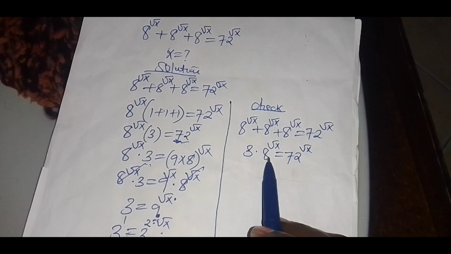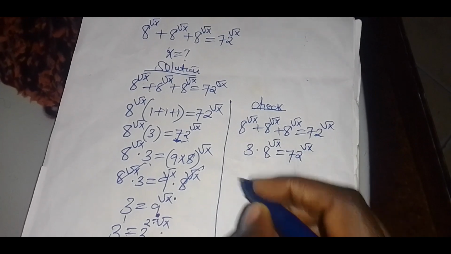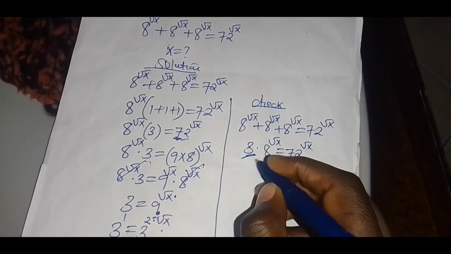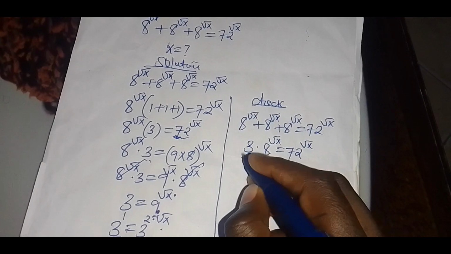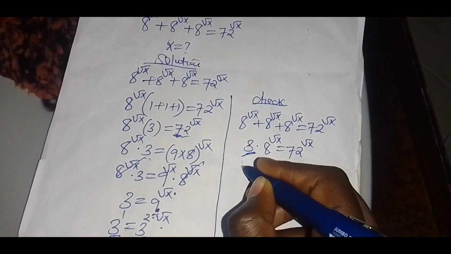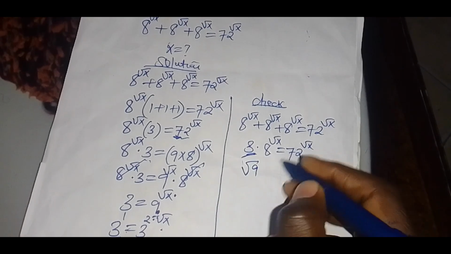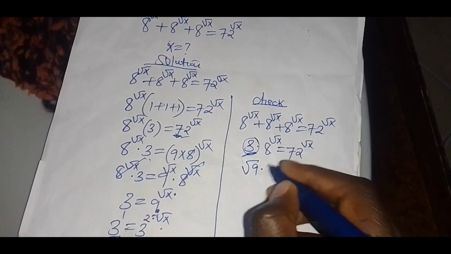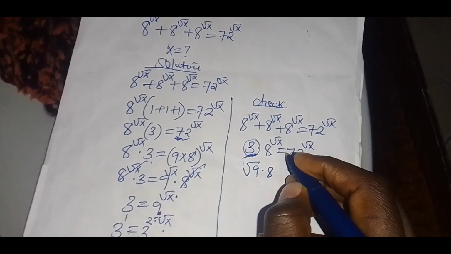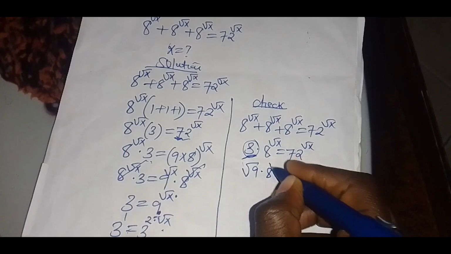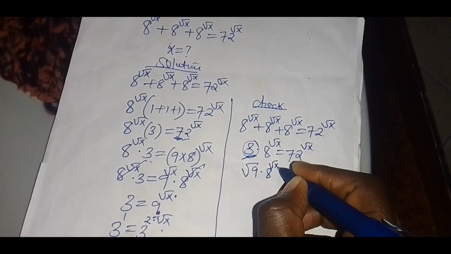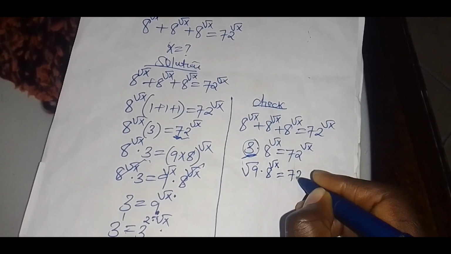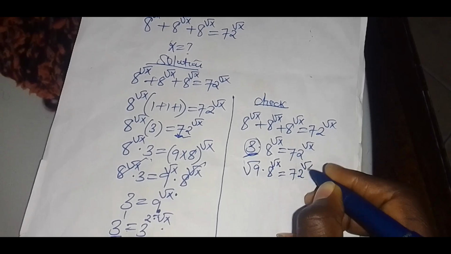To obtain 3, remember this was as a result of saying the square root of 9. If you say square root of 9, you'll have 3, multiplied by 8 raised to power root x, equal to 72 raised to power root x.